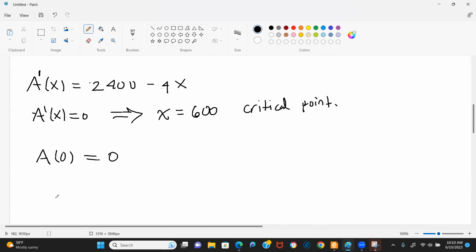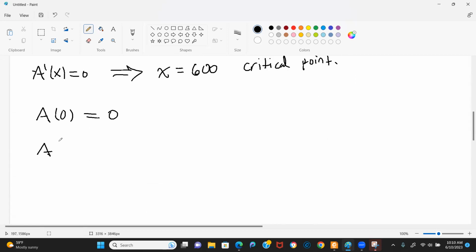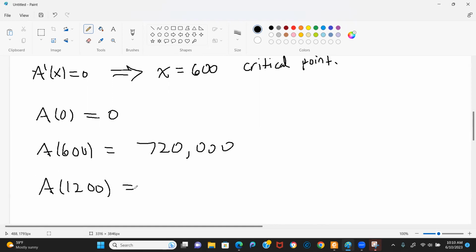So that's definitely not going to give us a maximum. And if you plug in 600 to the original function, you get 720,000. And then if you plug in 1200, you also get 0. So this is definitely going to be the maximum.